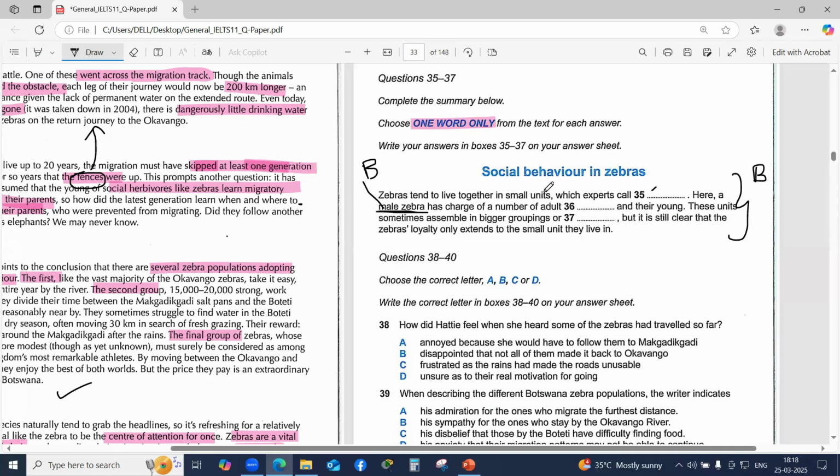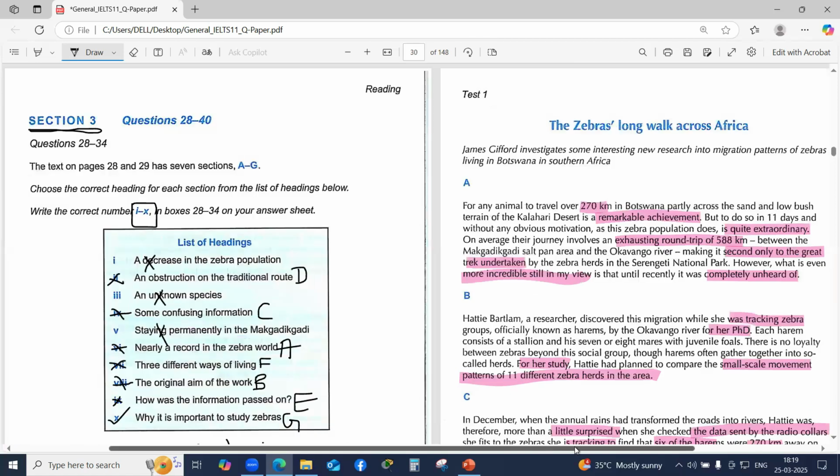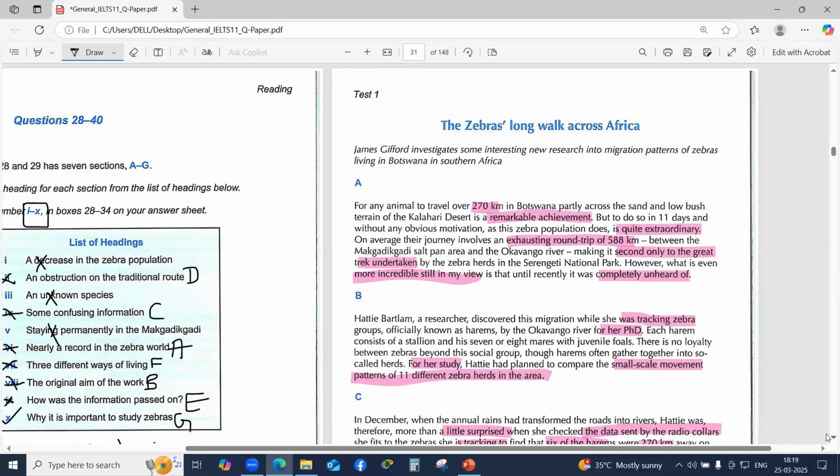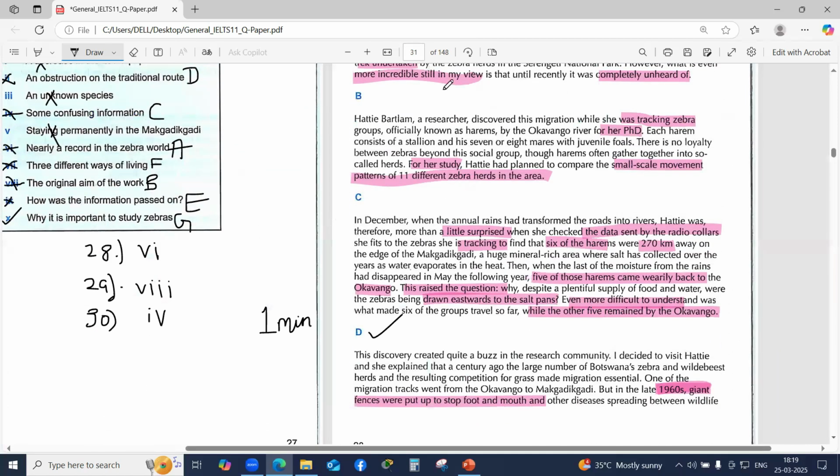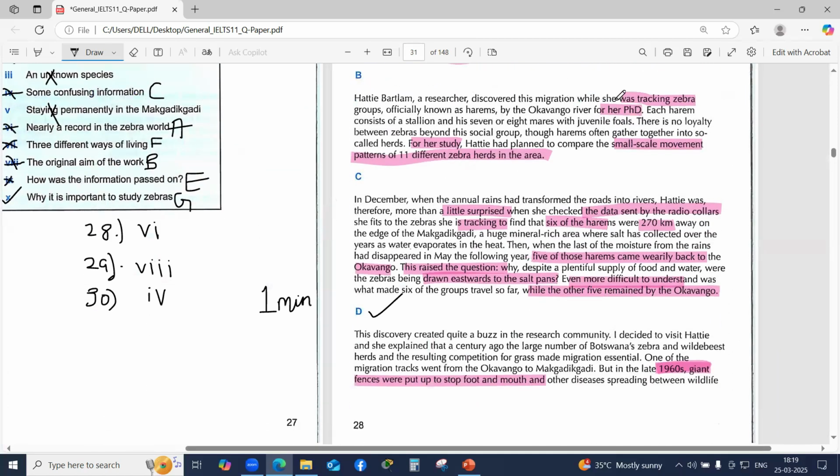Zebras tend to live together in smaller units, which experts call dash. Let's go to paragraph B. Haiti Bartlam, a researcher, discovered this migration while she was tracking zebra groups.